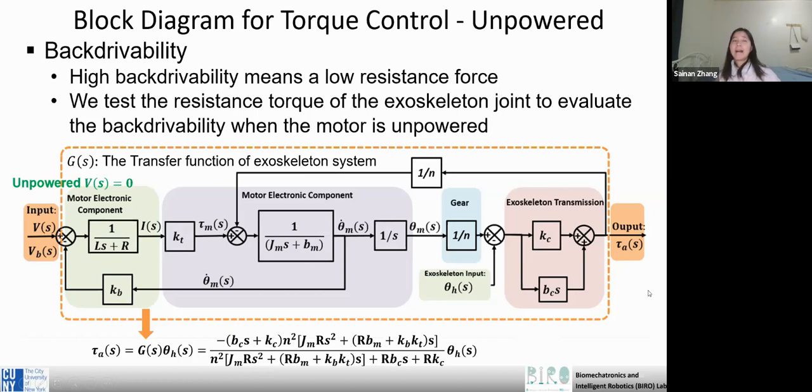So we can evaluate the bandwidth when the motor is unpowered. And here, G(s) is the backdrivability transfer function.